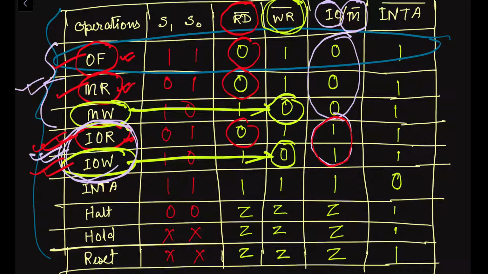Similarly, INTA is the interrupt acknowledgement signal. The interrupt acknowledgement signal is actually given after getting an interrupt signal from the input output devices.